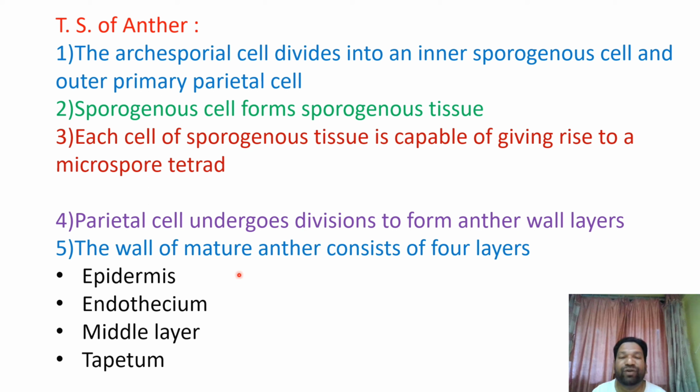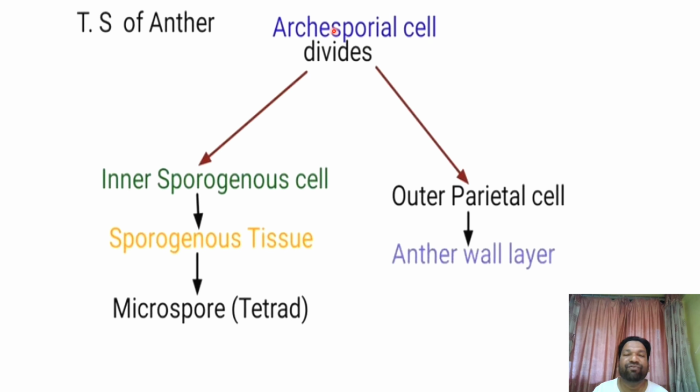The wall of a mature anther consists of four layers: outer is epidermis, then endothecium, then middle layer, and tapetum. You can see in the flowchart, hypodermal cells get transformed into archesporial cells, which further divide into inner sporogenous cell and outer parietal cell.